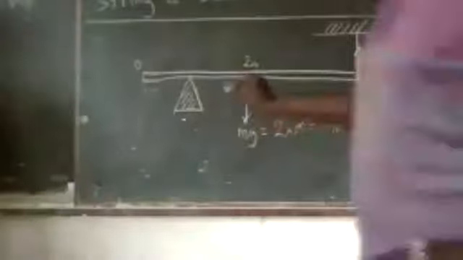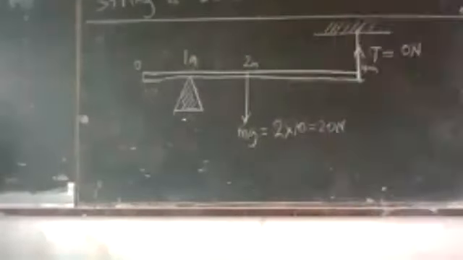Now somewhere here we have a pivot. Was the position of the pivot given? So the position of the pivot is 1 meter. I hope you can see that.